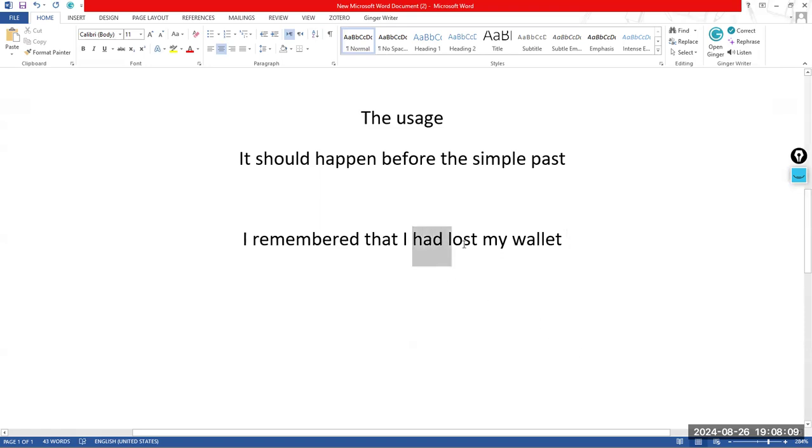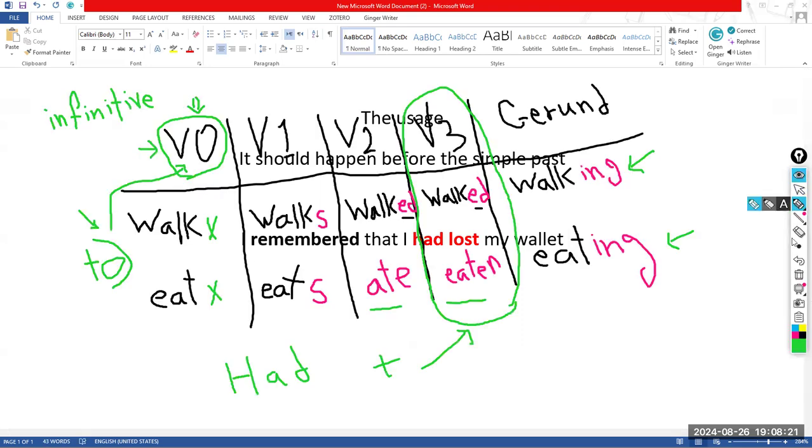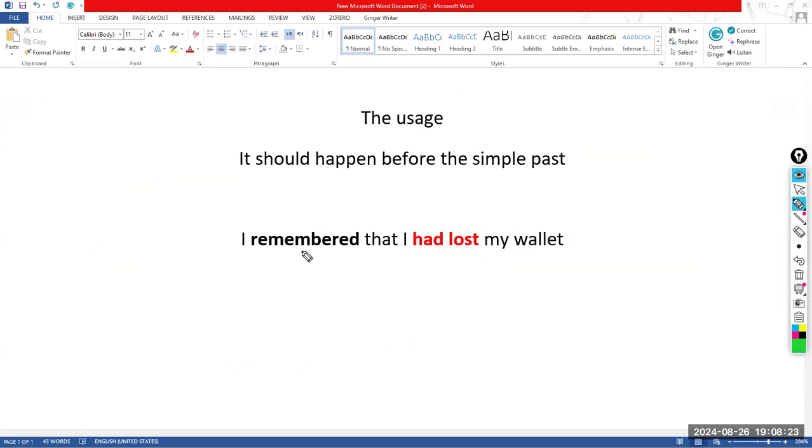Notice that had verb 3, this is the past perfect. And notice that I use the simple past with the past perfect. And as I told you, girls, you have to remember that the past perfect should happen before the simple past. I mean, number one, the first action that happened is I lost my wallet, then I remembered that I had lost my wallet.